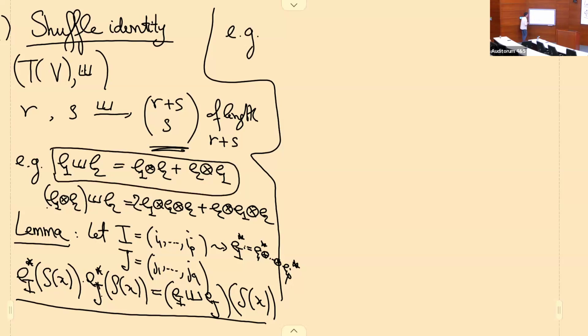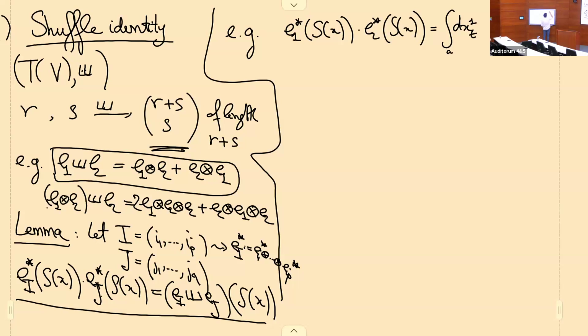If you take this example here and apply the shuffle identity, then you have that E1 star applied to the signature of X times E2 star applied to the signature of X. If I spell this out, this is just the integral of dx coordinate 1 between A and B, say, times the integral of dx coordinate 2, and this is just the increment.